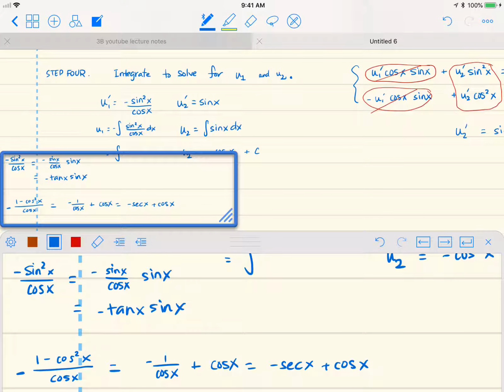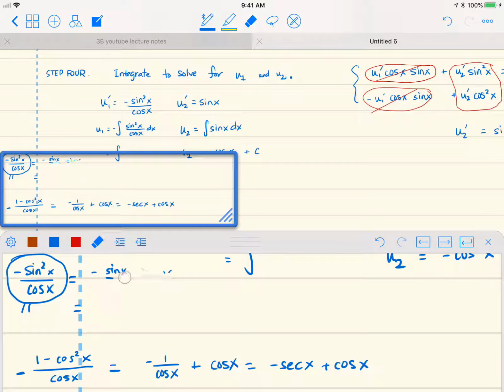So this is u1 prime. Because tangent and sine don't really work out well together, we said let's not use this. Even though that's true, it's not going to be helpful for integration purposes. What would be more helpful would be to use the fact that sine squared theta plus cosine squared theta equals 1.